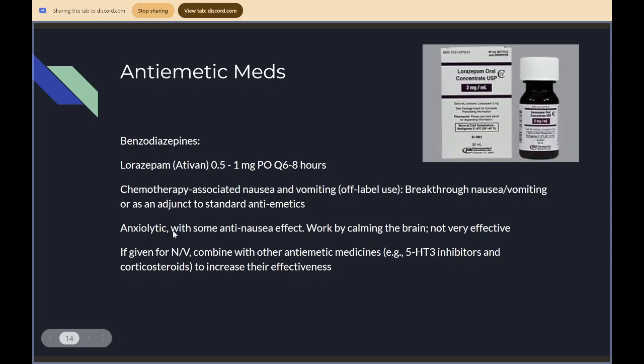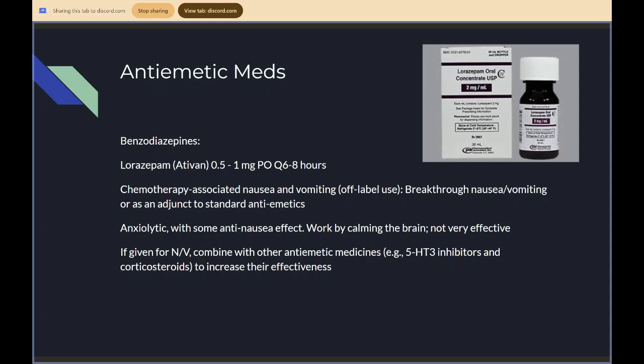Last but not least, we have benzos. So lorazepam, which is a brand name of Ativan, we dose at 0.5 to 1 mg orally every 6 to 8 hours. And it can be used off-label for breakthrough nausea and vomiting or as an adjunct.